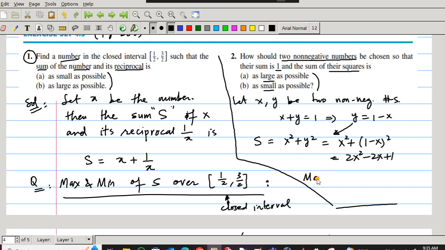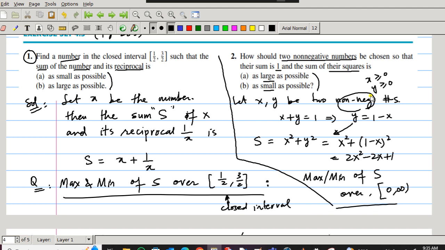So you have to find both maximum and minimum of this s over the interval 0 to infinity, because he said non-negative numbers from 0 to infinity. 0 is included, right? So non-negative means your x and y both are greater than or equal to 0. x is greater than or equal to 0, y is greater than or equal to 0. So 0 is included, but other side is infinity.